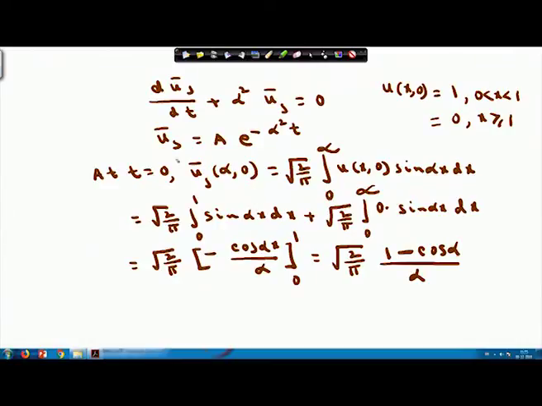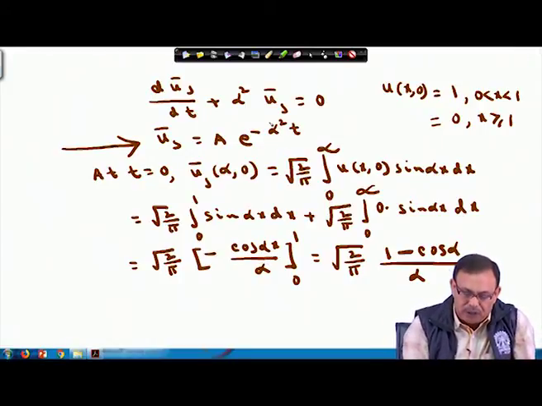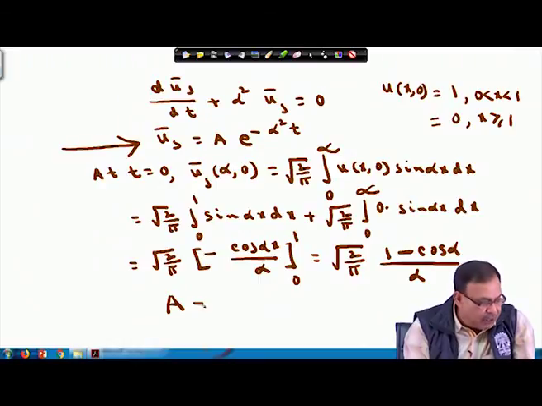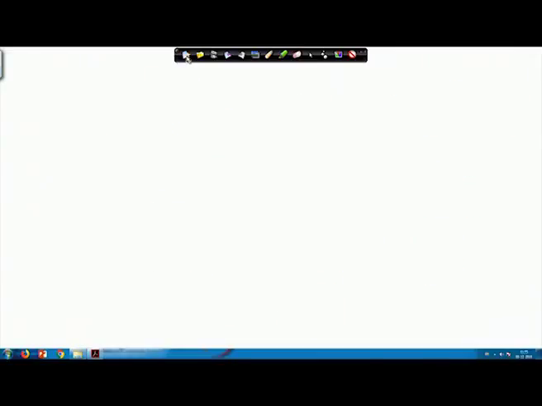If I substitute this condition in the given equation, I can find the value of A. Please note that t is 0 means e power minus alpha square t will be 1. So I can write A as root over 2 by pi into 1 minus cos alpha divided by alpha.